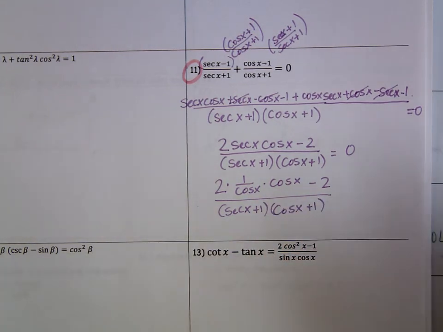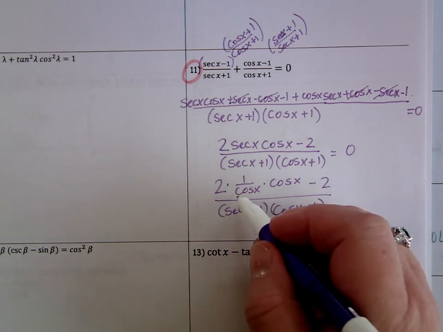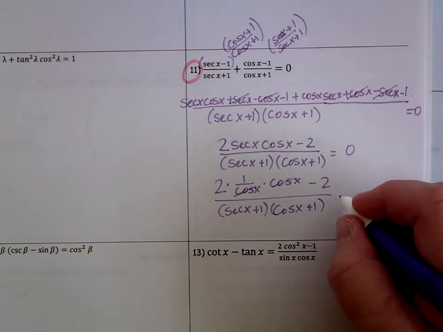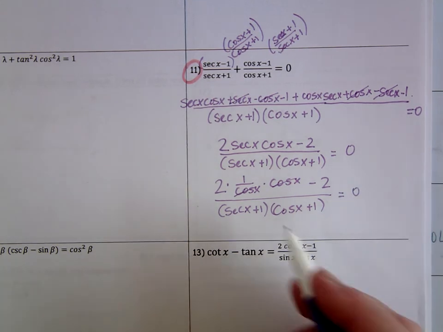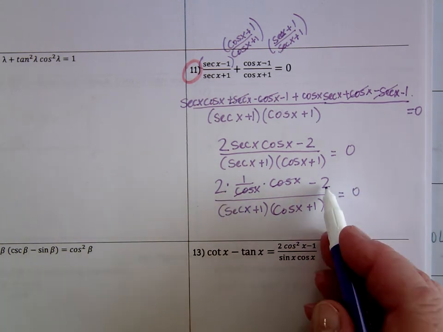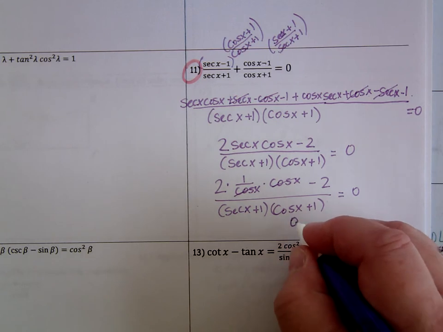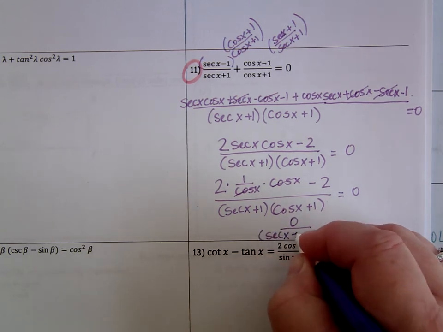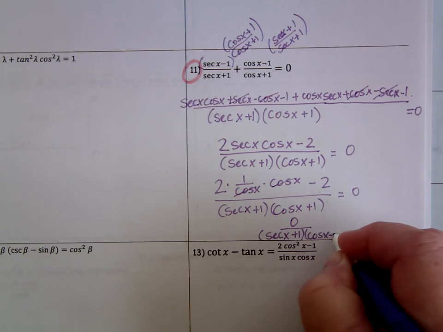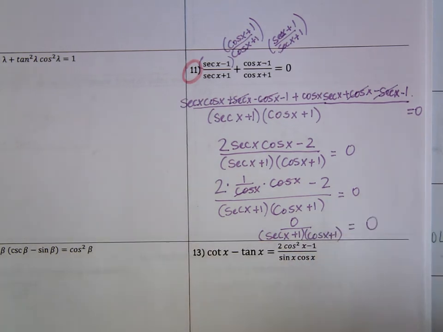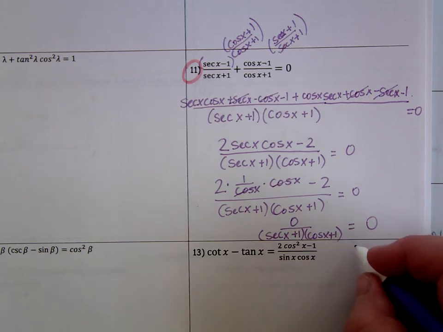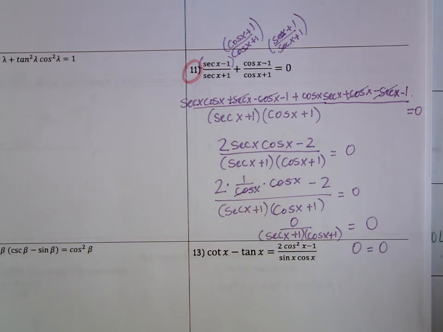These guys cancel. This is a bottom cosine, this is a top cosine. And so what I'm left with is 2 minus 2. Well, that gives me 0 over this crazy denominator of secant of x plus 1 cosine of x plus 1. And sure enough, 0 over any ugly denominator is still 0. So you have definitely verified that 0 equals 0.